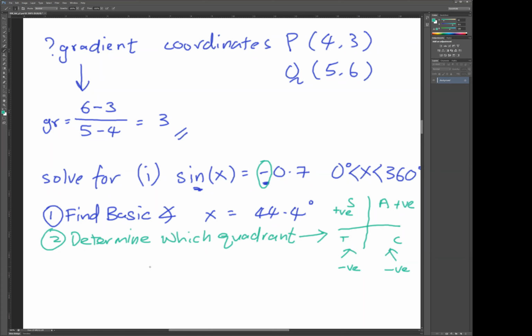Alright, and then the third step, let's go back. We revised this last Friday, and then the third step, we had to find the angles in the quadrant, right? So we already know the basic angle is 44. So what is in quadrant 3? And what's in quadrant 4?